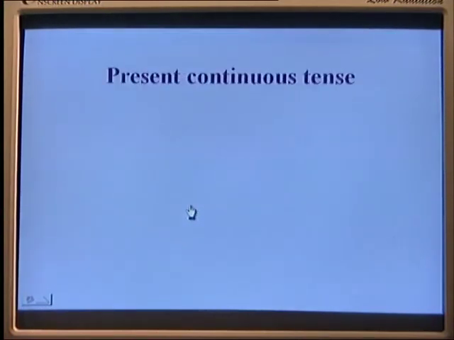Now, children, we will discuss the present continuous tense. You have understood how to convert sentences from active voice to passive voice in present tense and past tense, and also how to use passive constructions without a by.